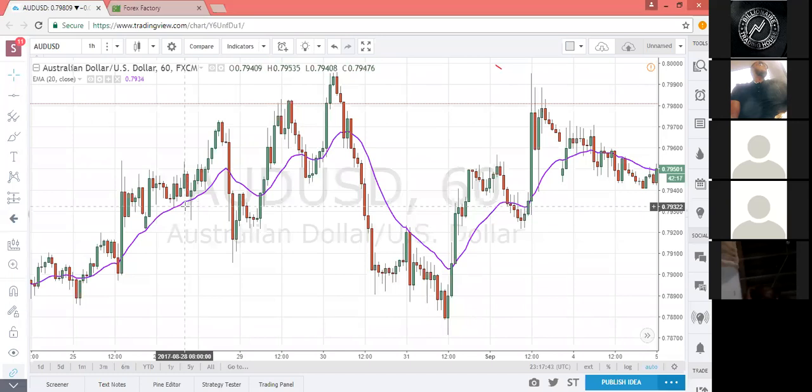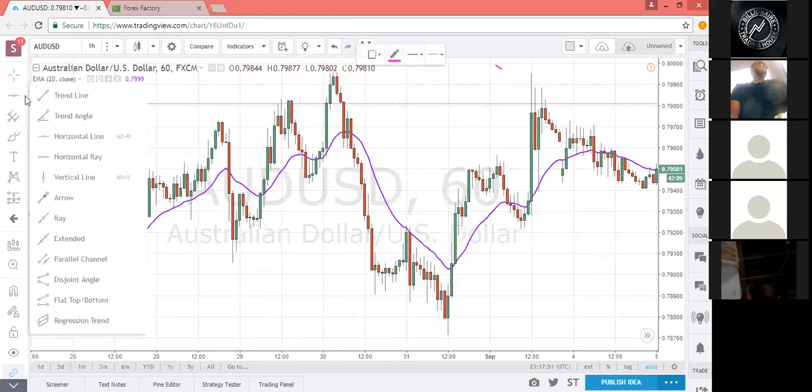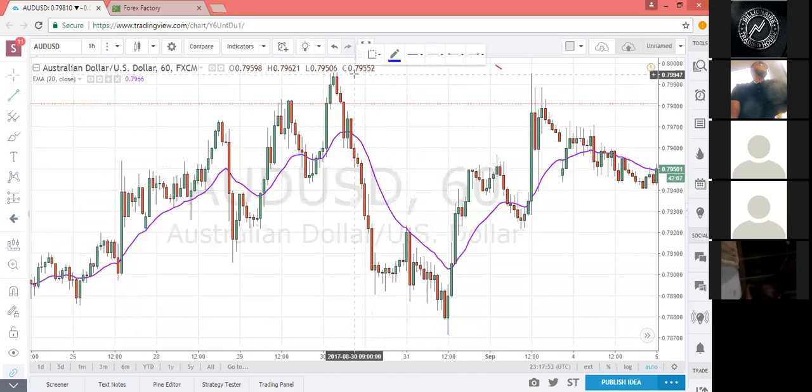Also, a lot of the times when trends change, like in this example, let me see if I could draw a trend line, where I have this blue line.